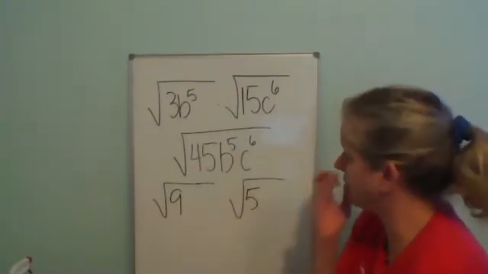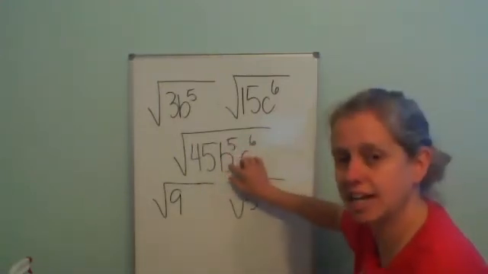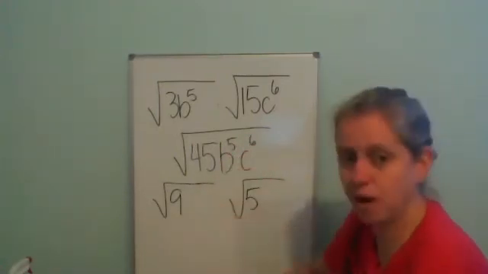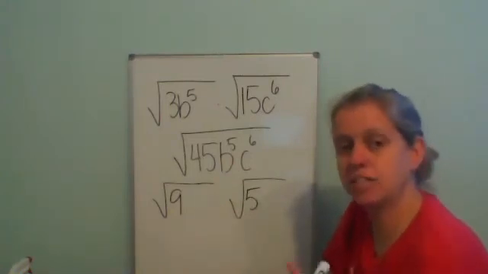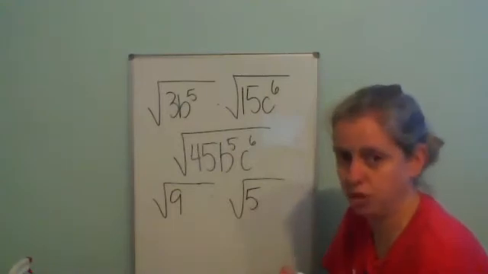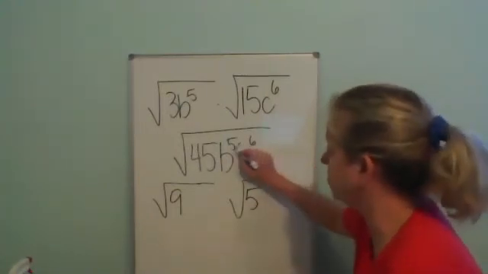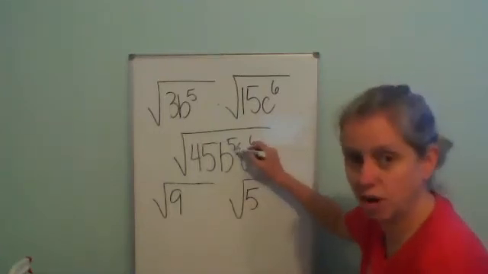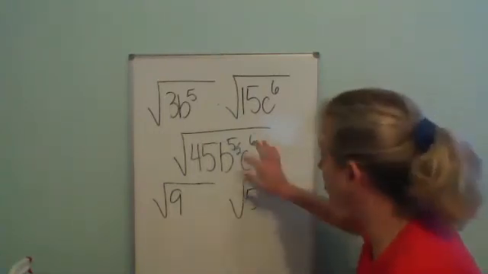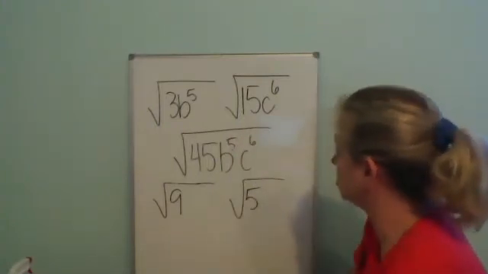Now, here's what you're going to have to do with these b's. I want to put as much of this as I can in my perfect square, but still have my exponent be able to divide evenly by 2. Which means if I've got b to the 5th, since that doesn't divide evenly by 2, doesn't work, right? Which means I can only put part of this. But again, you want to put as much as you can.